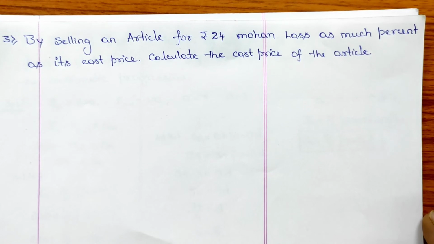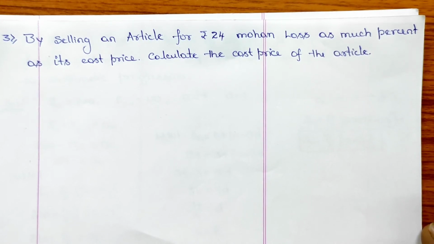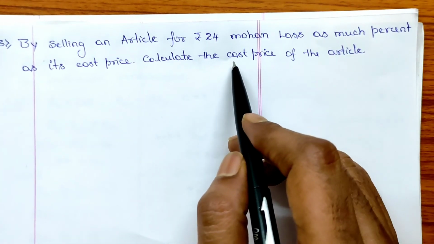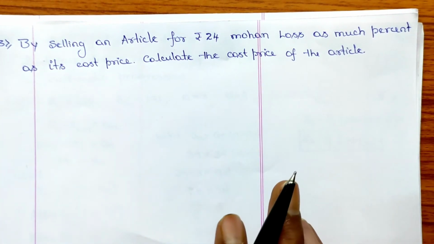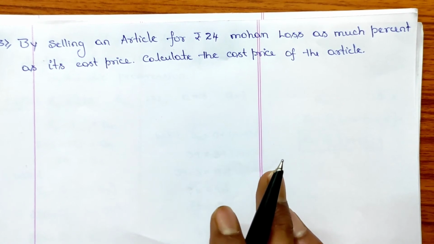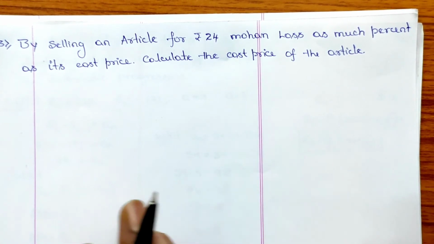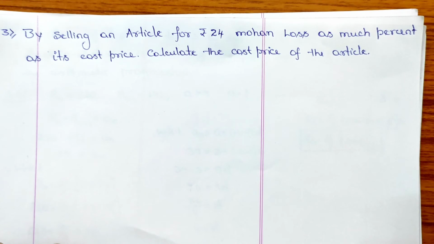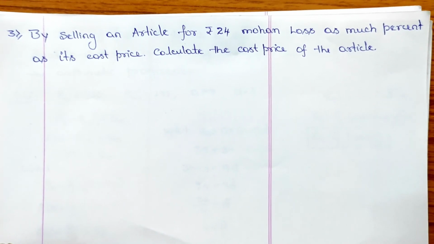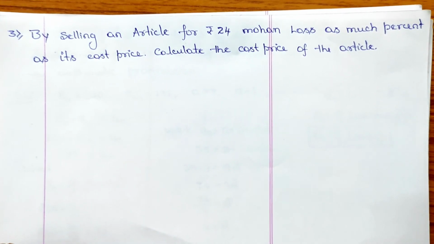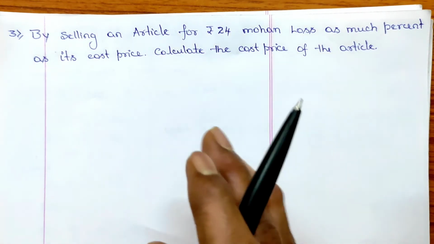Okay. So here we know that profit or loss is always calculated on cost price. Without cost price we cannot say what is the loss incurred or the profit incurred. But our aim is to find out the cost price of the article. We don't know the cost price, so therefore we have to start by assuming the cost price of the article, because loss or profit is calculated on the cost price.